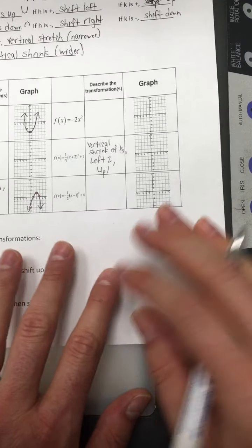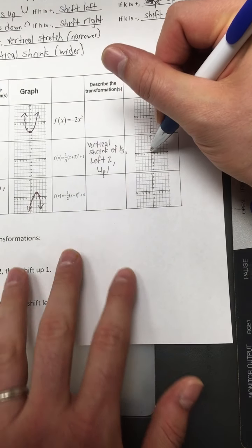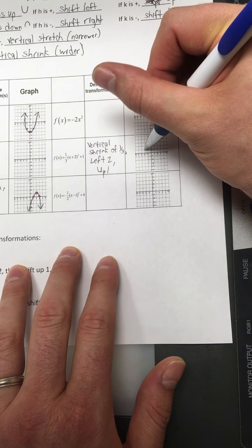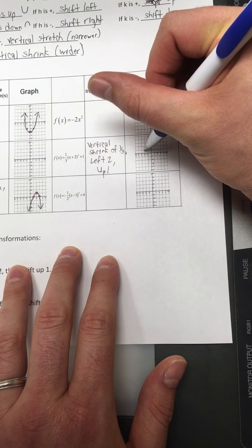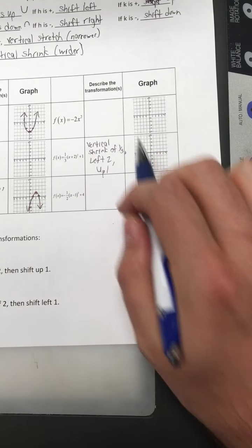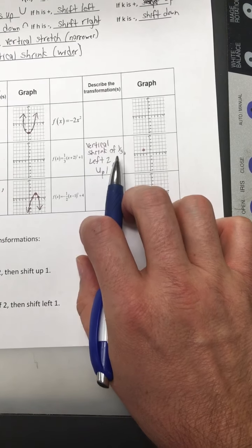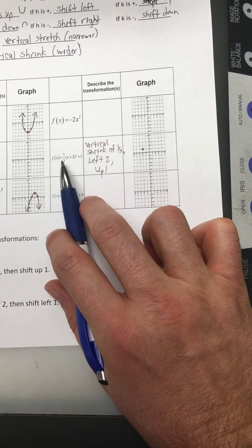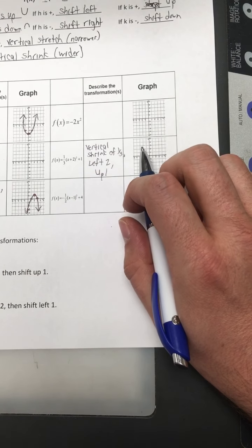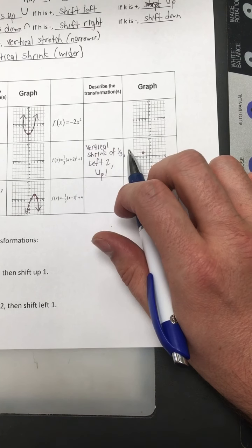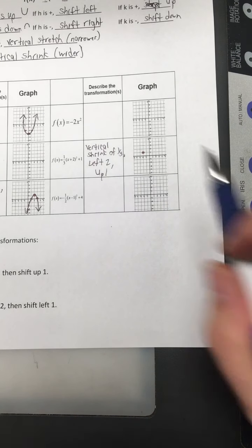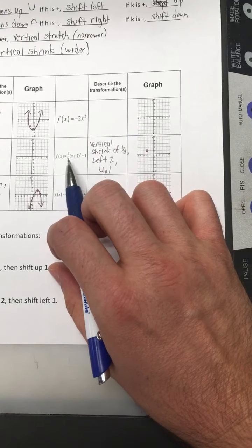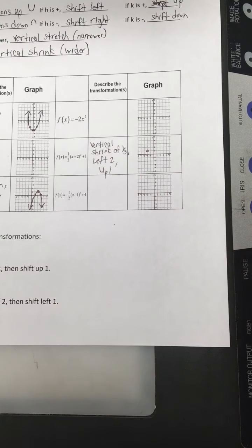So let's just start with our vertex. Instead of starting at 0, 0, let's go to the left 2, up 1. There's my vertex. There's no negative in the front, so I know it's opening up. Now, this is the part that's going to confuse some people. There's a 1/3. That does not mean go up 1 over 3. If this were linear, then sure, you could do that. But in a quadratic, this number in front of x only tells you the slope as you go to the left and right 1 unit.